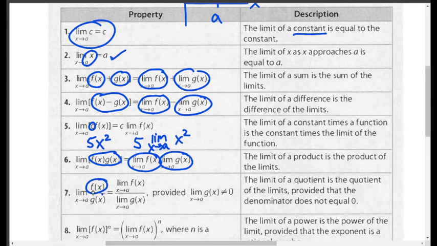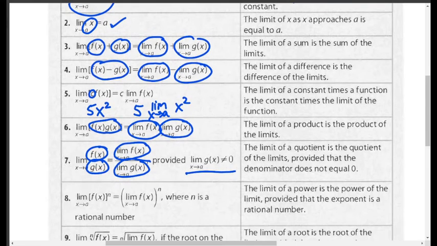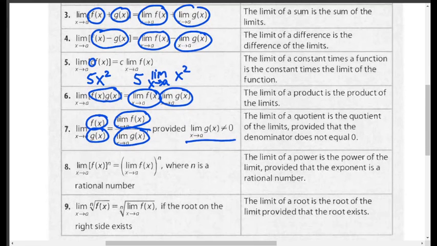The same thing for division. The limit of a function divided by another function is equal to the limit of the function on the top divided by the limit of the function on the bottom, provided that your denominator is not 0, because you cannot divide by 0. And finally, when it comes to powers, you can do the same. If a function is raised to a power n and you're evaluating that limit, you can find the limit of the function and then raise the result to the power n.